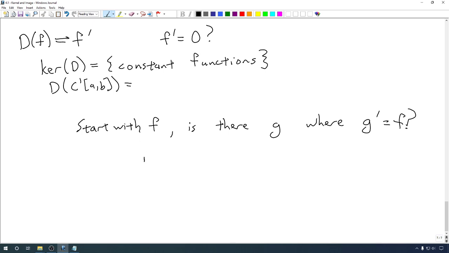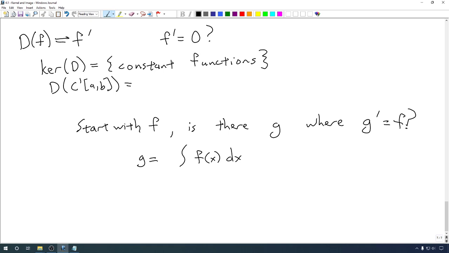Well, we can just integrate. g is just going to be the integral of f. We can write this as just an indefinite integral, or we could try some trick like we did with the fundamental theorem of calculus.